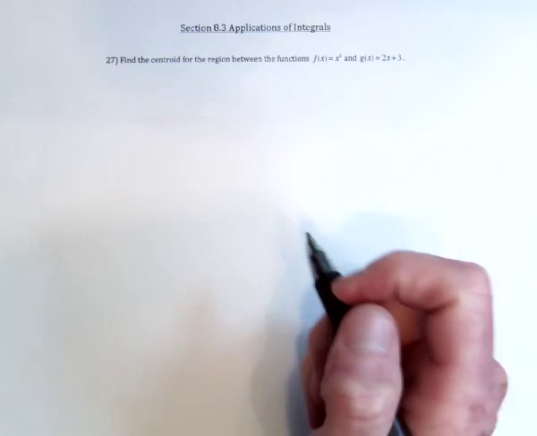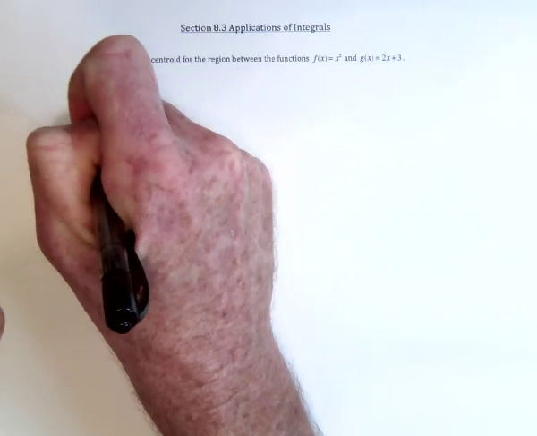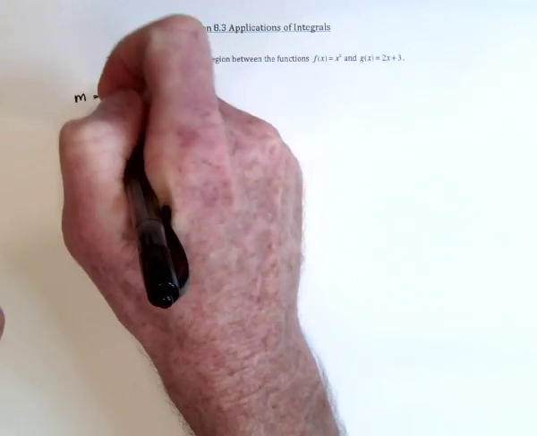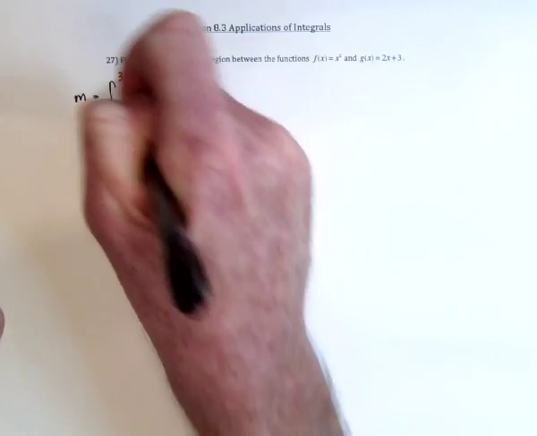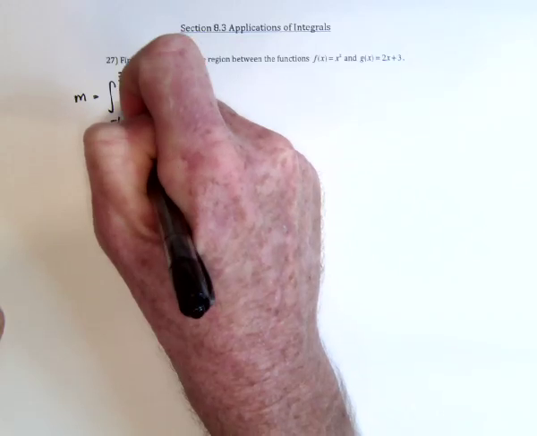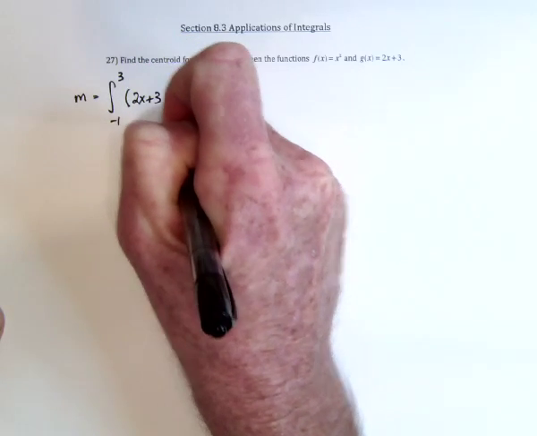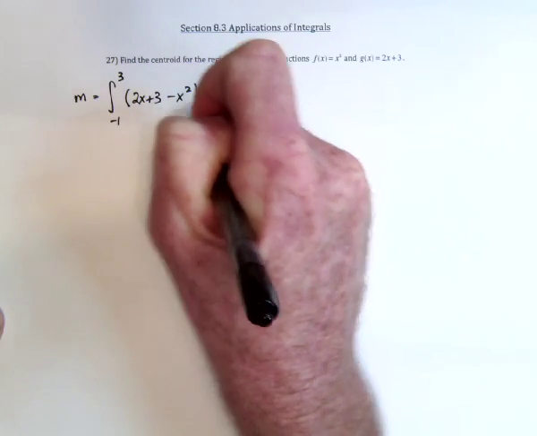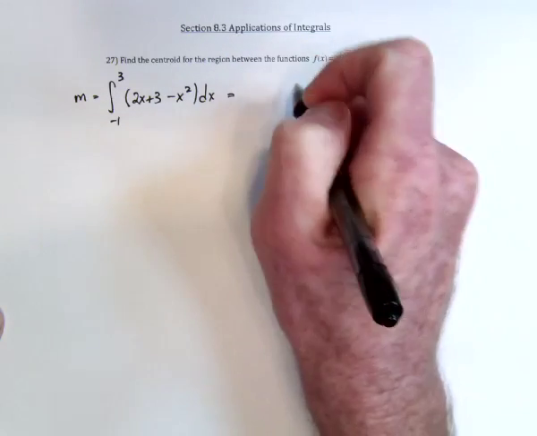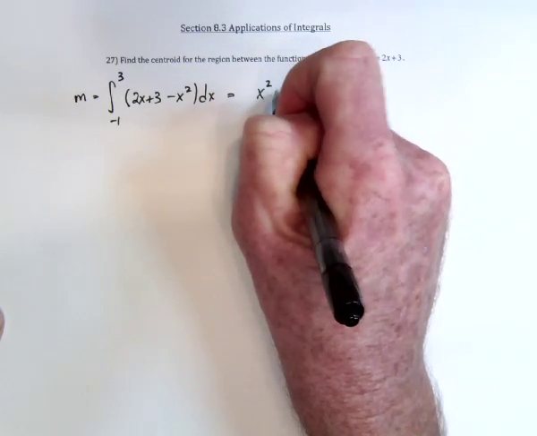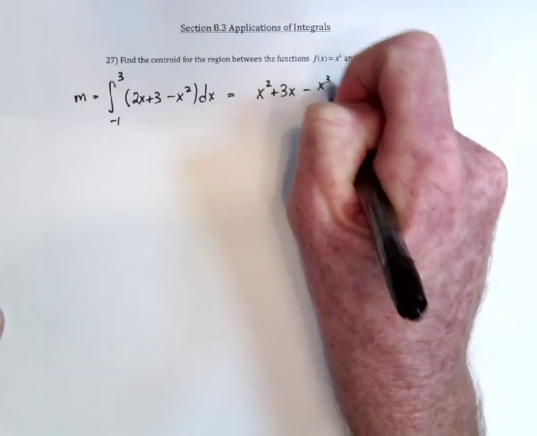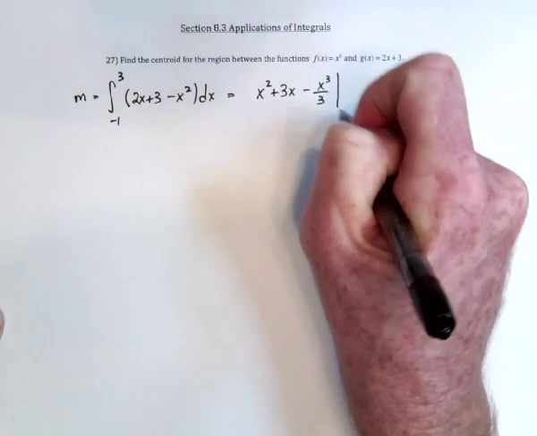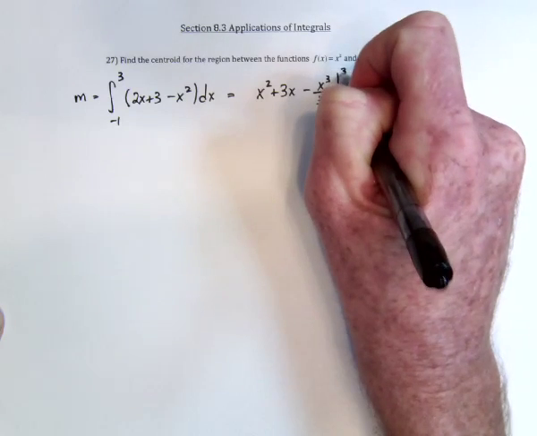So for the mass, we integrate from -1 to 3 the top function, which is 2x plus 3 minus x squared. So those are going to be x squared, 3x, and minus x cubed over 3, evaluated from -1 to 3.